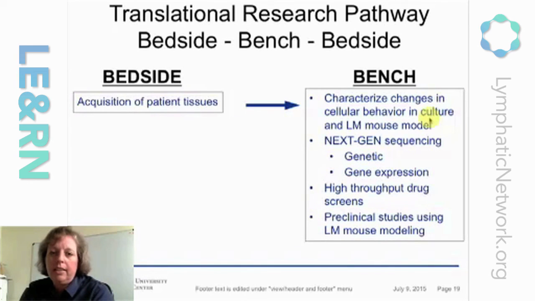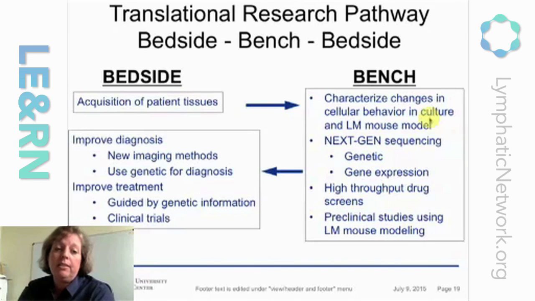So each LM case may be distinct from each other. We do next-gen sequencing, where we look at genetic and gene expression profiles and combine those to get a better idea. We can use these cells to do high-throughput drug screens to identify candidate genes, and we can do the preclinical studies using our mouse model so that we can go back into the bedside.